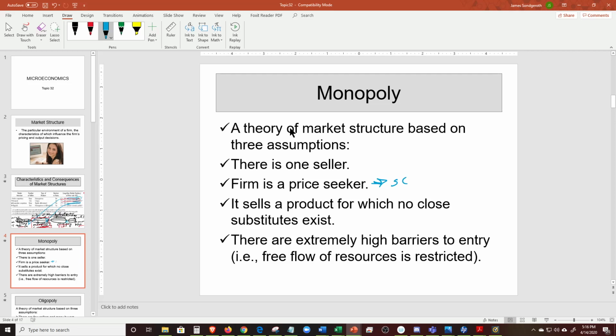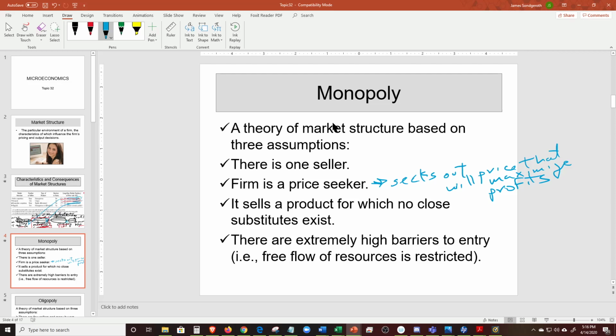Maybe I'll put that. Seeks out a price that will maximize profits.